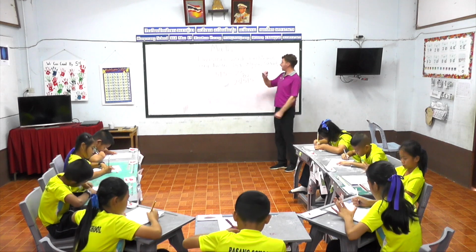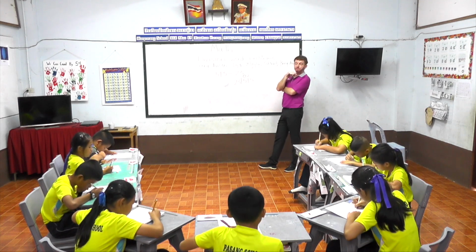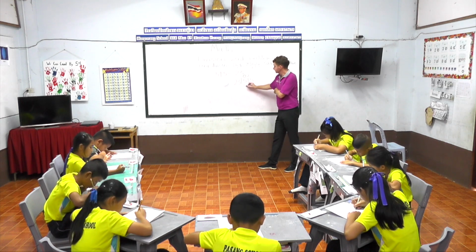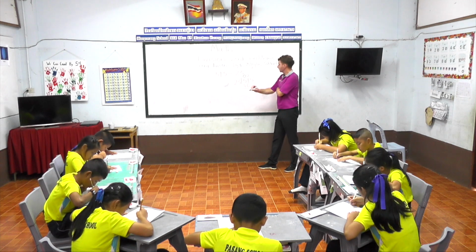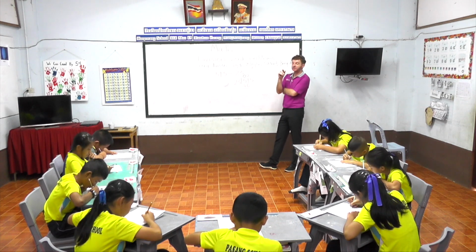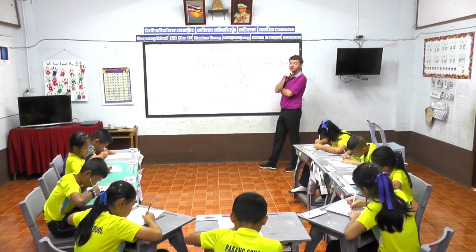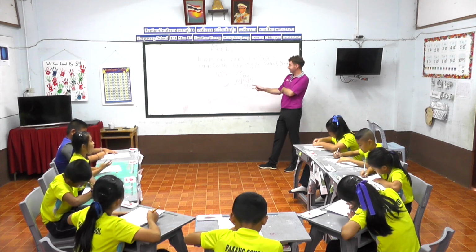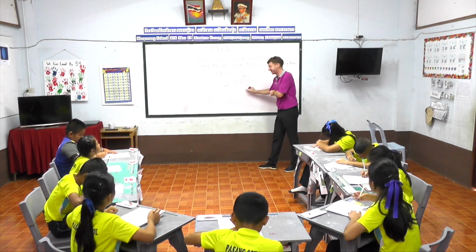Then multiply. 2 times 23 equals 46. Then the next step is to subtract 51 minus 46. Not 6, think again. 5.